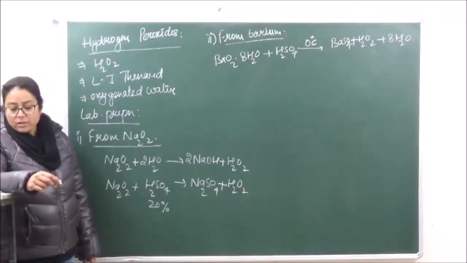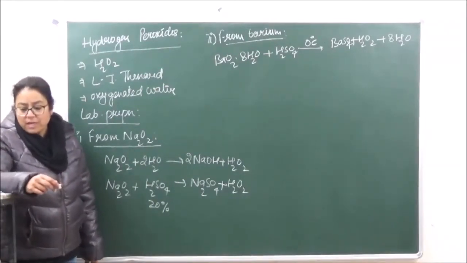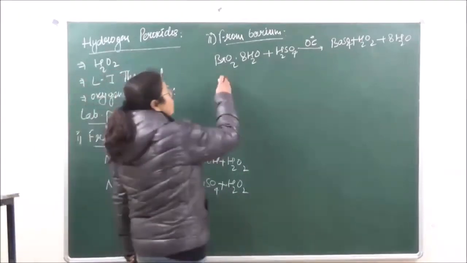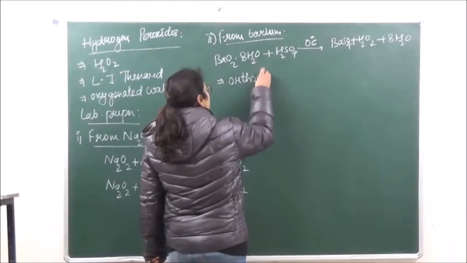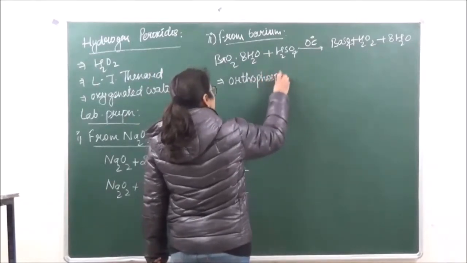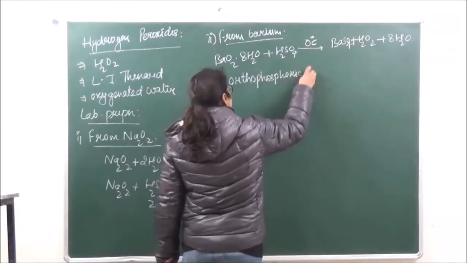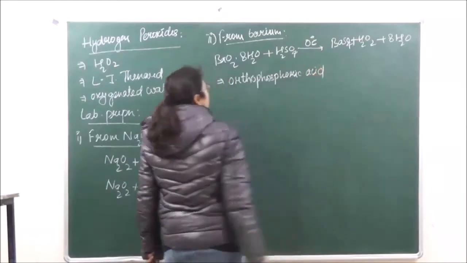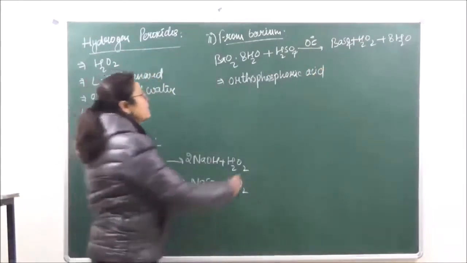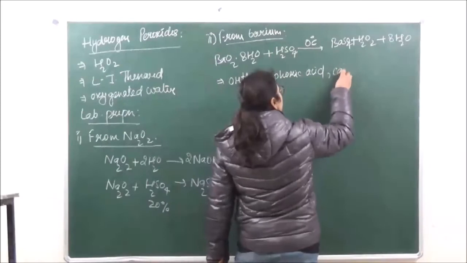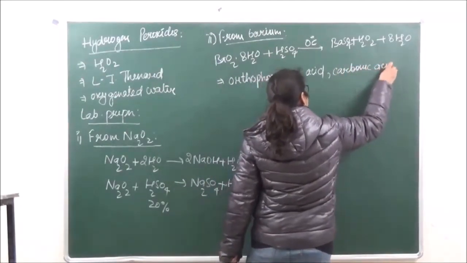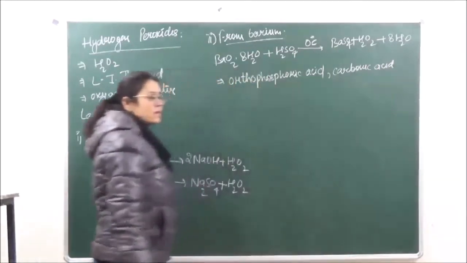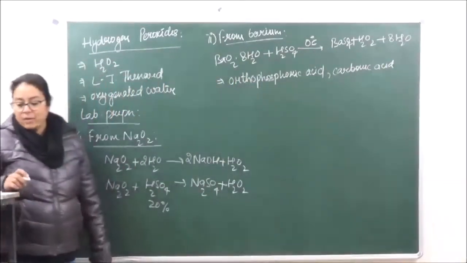So instead of H2SO4 we can use weak acids like orthophosphoric acid, or we can use carbolic acid. Okay? So weak acids can be used over here.